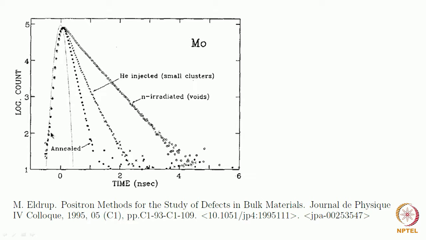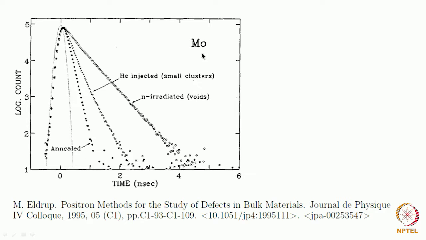This is how the positron annihilation lifetime looks, because there will always be some scatter. It is not going to take place at one value. Whenever a positron gets trapped in a vacant site, in a defect site, and an electron comes and annihilates with it, it is an average lifetime we talk about, but there will be some distribution.